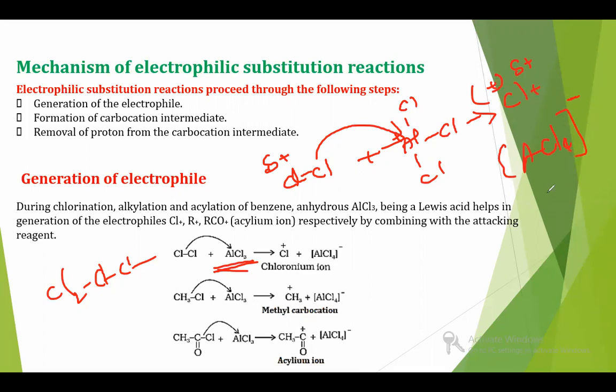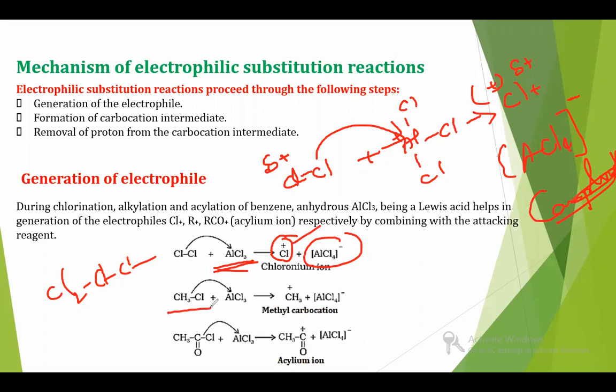This is a complex ion. This is the chloronium ion, Cl plus, and AlCl4 minus is the complex ion. Okay, so this is how the electrophile is generated.